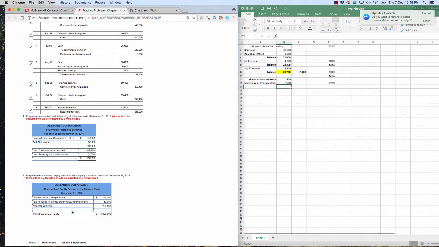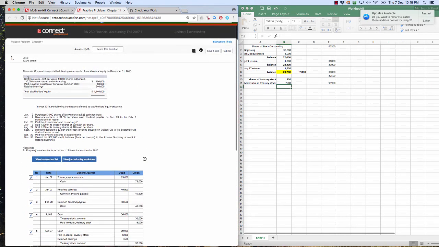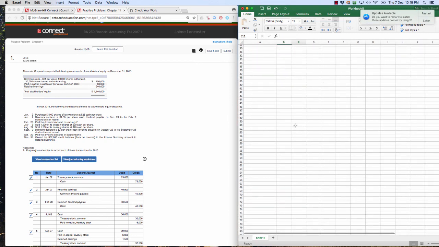So then we have to just say less the cost of treasury stock, which is the number of shares of treasury stock that we own multiplied by the book value per share. And if you're wondering where in the world did that book value come from, it came from up here. Common stock, $25 par value. So our value of our treasury stock is the par value multiplied by the number of shares we have.